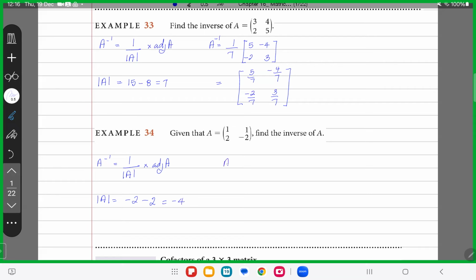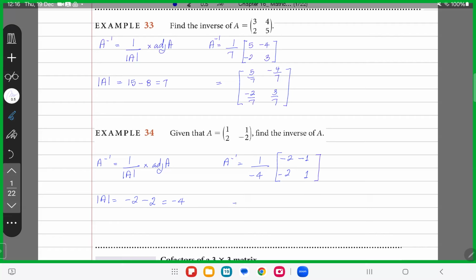So A inverse is 1 over minus 4 times adjoint A. You're going to switch the leading diagonal elements. So minus 2 goes here, 1 goes here. The other two elements, 1 and 2, stay where they are, but their signs change.